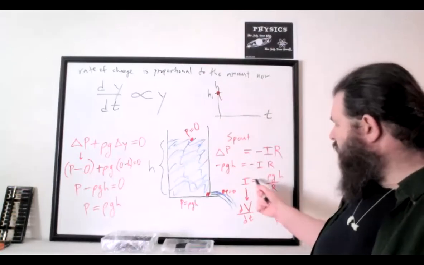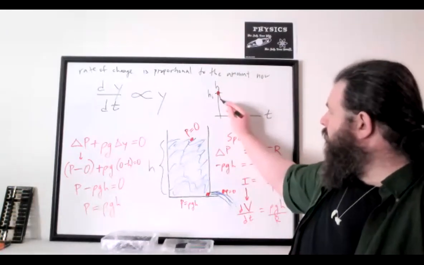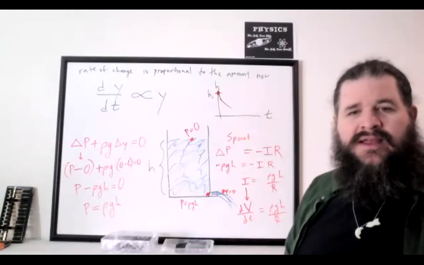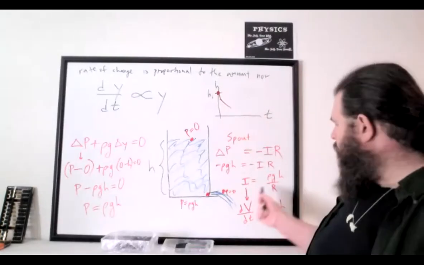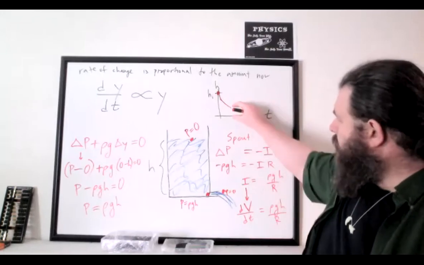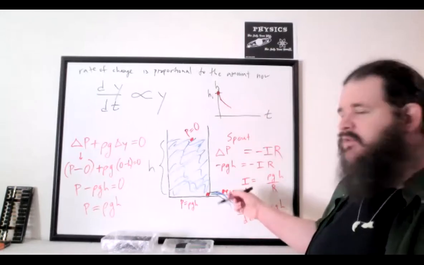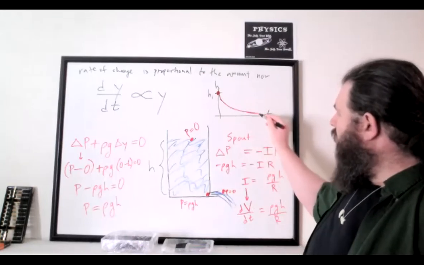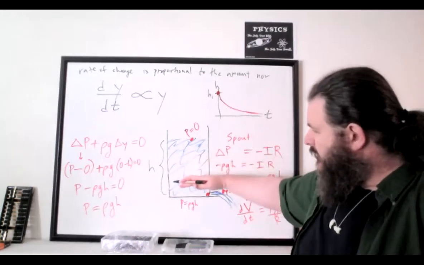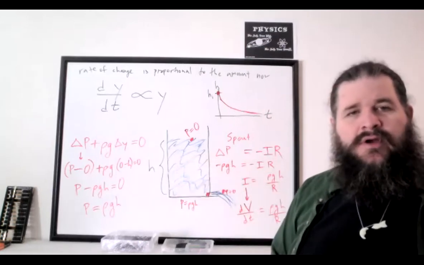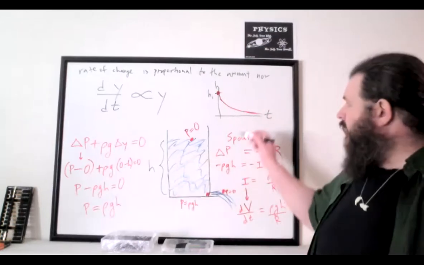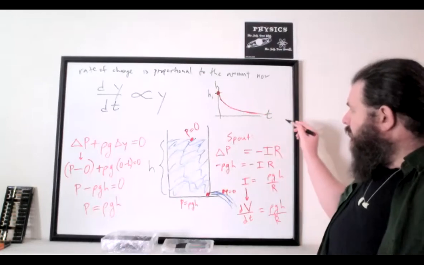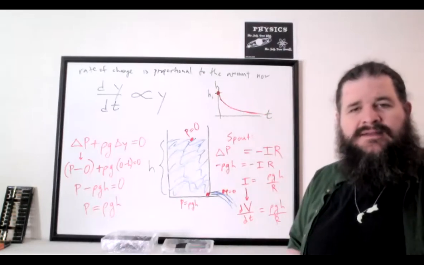A smaller height means a slower current, so it's going to be changing more slowly, less steep slope. And now we have even less height, so the current is flowing even more slowly, approaching zero. But the closer it gets to zero height, the slower the current flows. So we end up with an asymptote. It's getting slower and slower as it approaches less and less height.